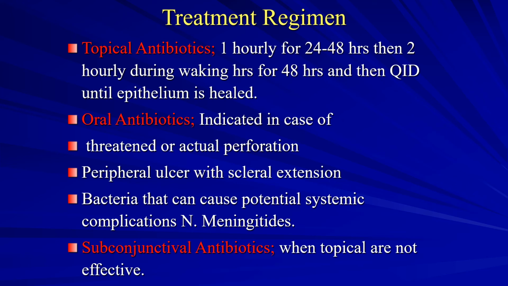Oral antibiotics are indicated in cases of threatened or actual perforation, when there is a peripheral ulcer with scleral extension, or in case of bacteria that can cause potential systemic complications like Neisseria meningitidis. We can also use a subconjunctival antibiotic route when topical are not effective.